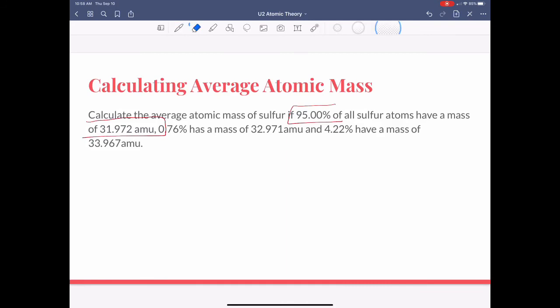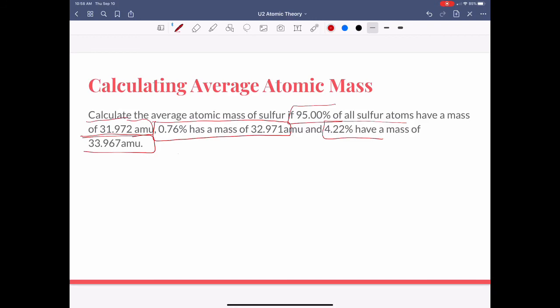Now another 76% has a mass of 32.91. And then lastly, 4.2% have a mass of 33.967. So we see that sulfur here is present in 3 different isotopes.